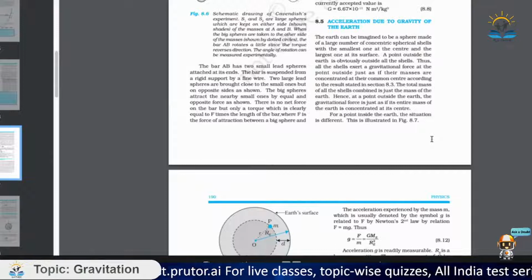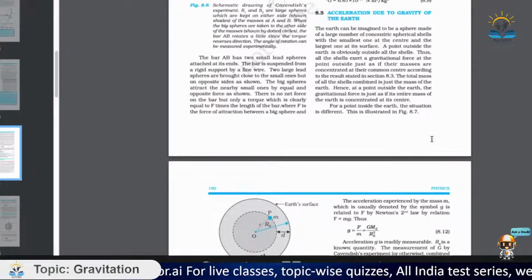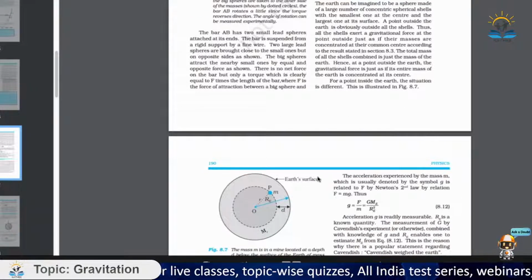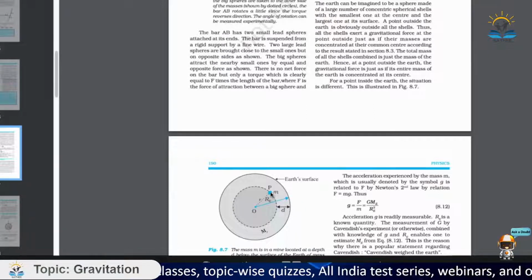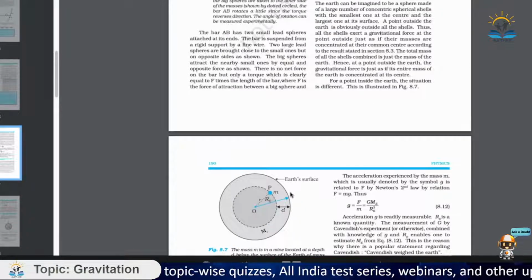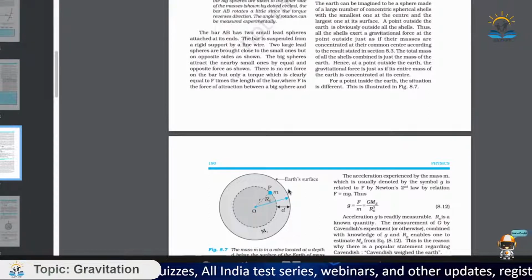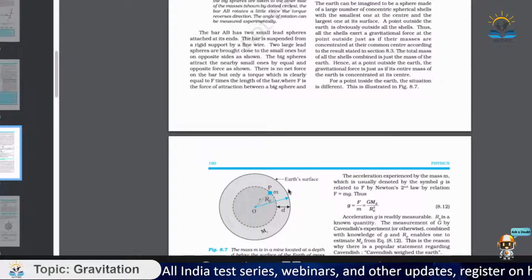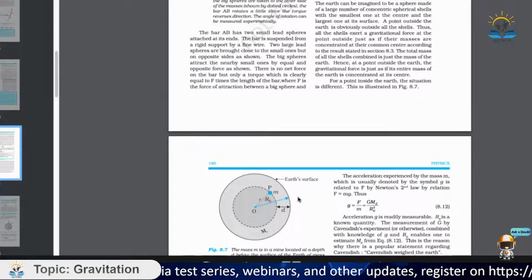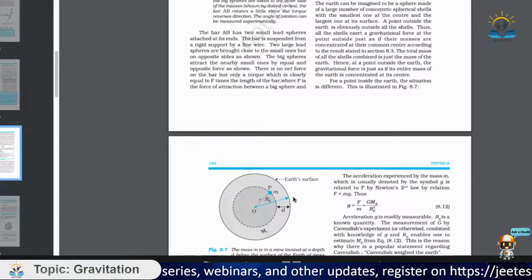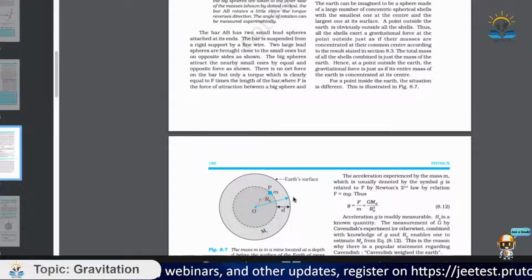Now we will see acceleration due to gravity on Earth. Suppose there is a particle of mass m on Earth's surface. Whenever we are taking the distance between two bodies, we take it from their center of mass.